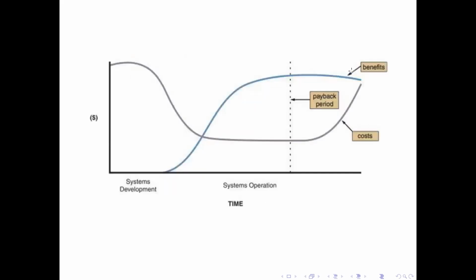And when you want to define what you mean by payback period, you look at the area under the curve for the cost and benefits. When they meet, when they are the same, we call it the payback period. So usually what you see in this dash line is the area under this curve, this part, plus the area under the curve, these are the same, and this is known as the payback period.